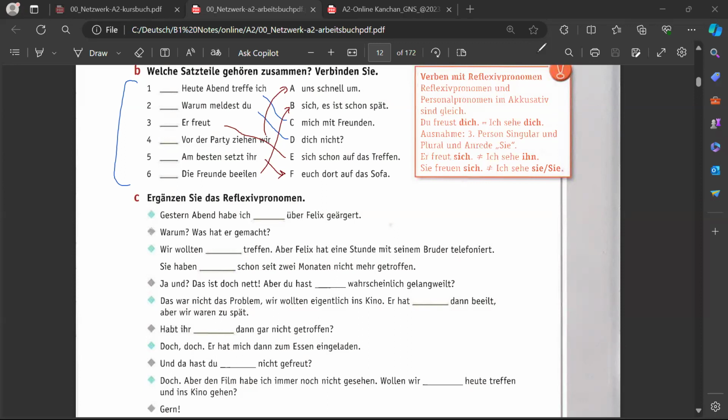So the second sentence here is: Warum meldest du dich nicht? Why are you not registering yourself? Third, er freut sich schon auf das Treffen. He is already happy for the coming meeting. Fourth, vor der Party ziehen wir uns schnell um. Before the party we will change quickly. Am besten setzt ihr euch dort auf das Sofa.